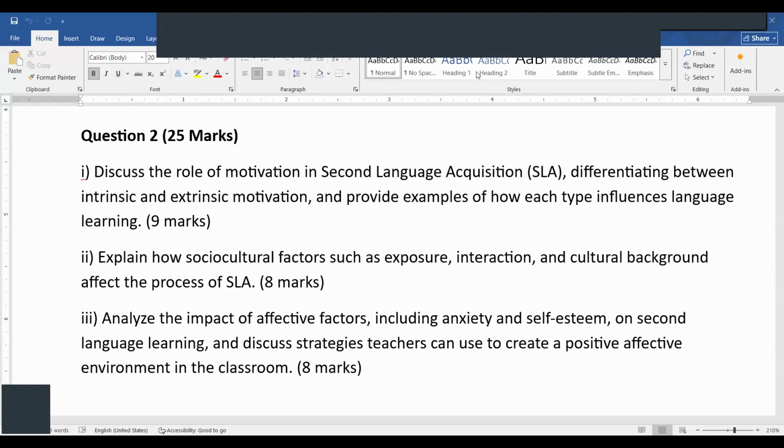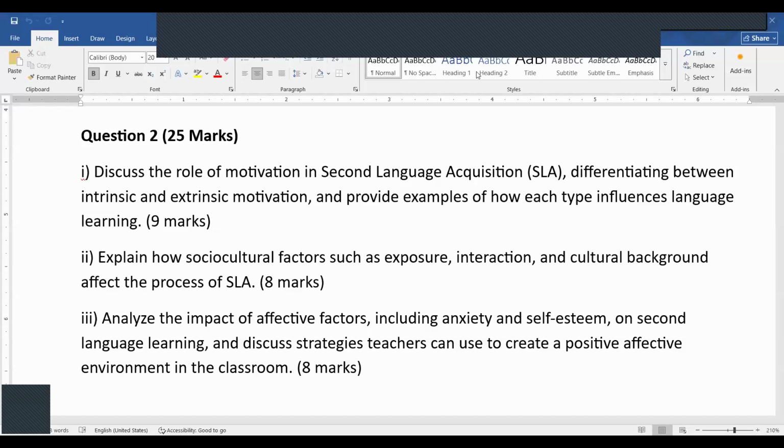The teachers can create, as one of you told, a very supportive environment. The teacher should be very friendly, so that students can approach the teacher, in a very pleasant environment.